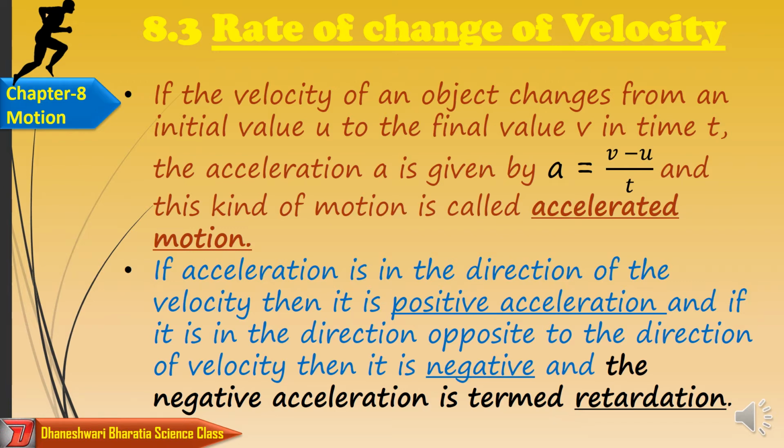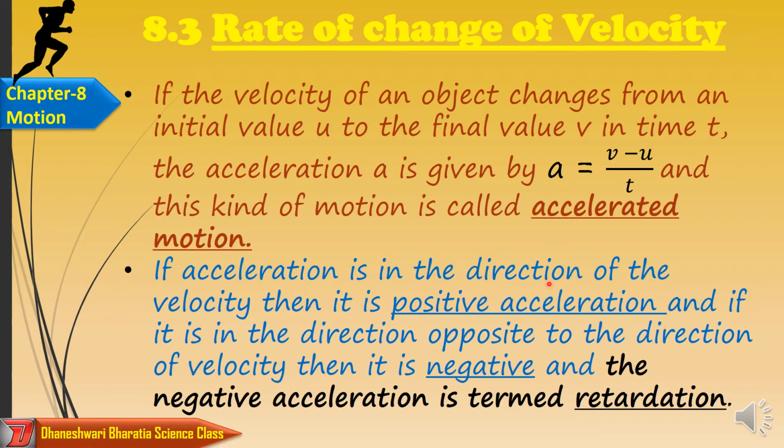So if it moves in time t, the acceleration a is given by this formula, and this is very very important. Acceleration a is equal to final velocity minus initial velocity upon t. Okay, and this kind of motion is known as accelerated motion.